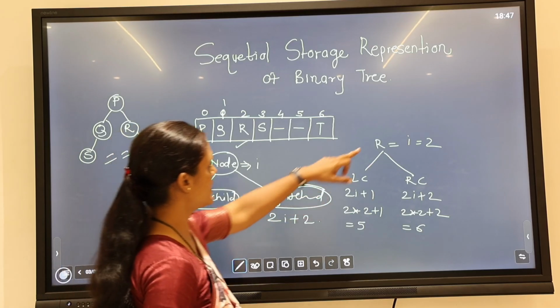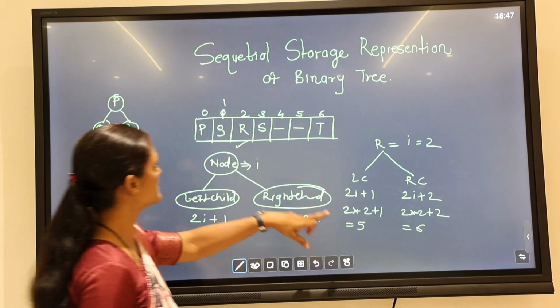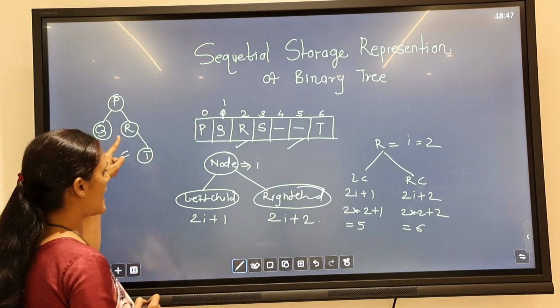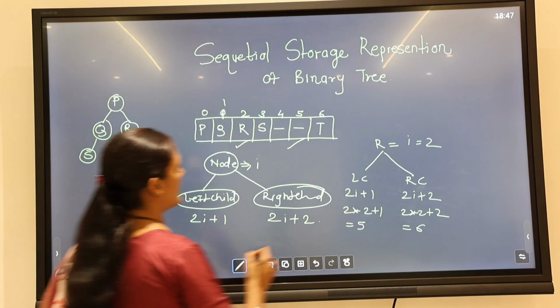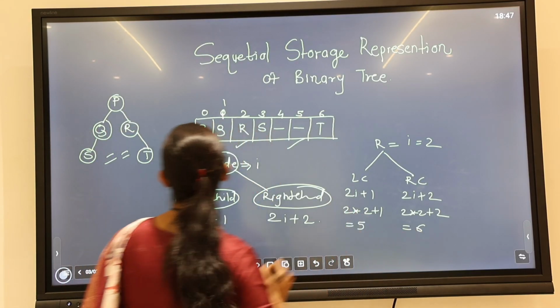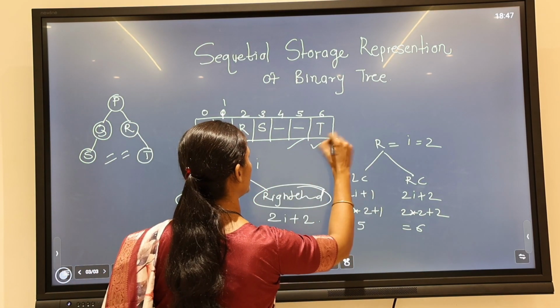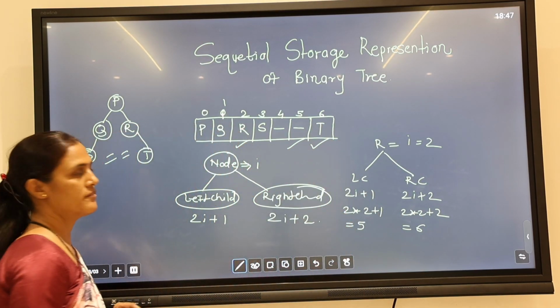So the left child of R must be present at location 5, correct, because R has no left child, and the right child of R, that is T, must be present at index 6. So it is correct and verified.